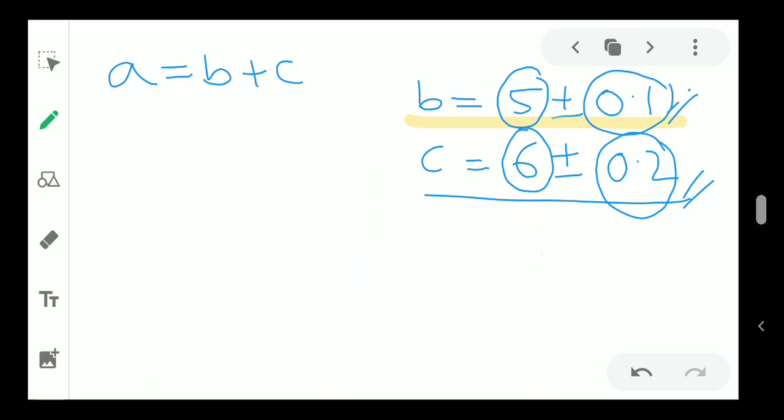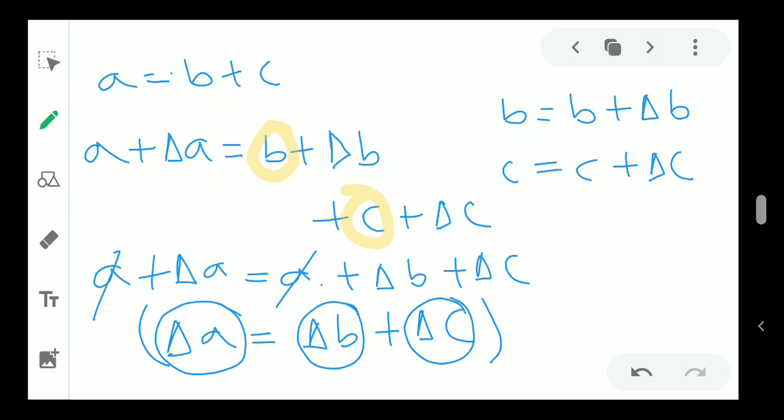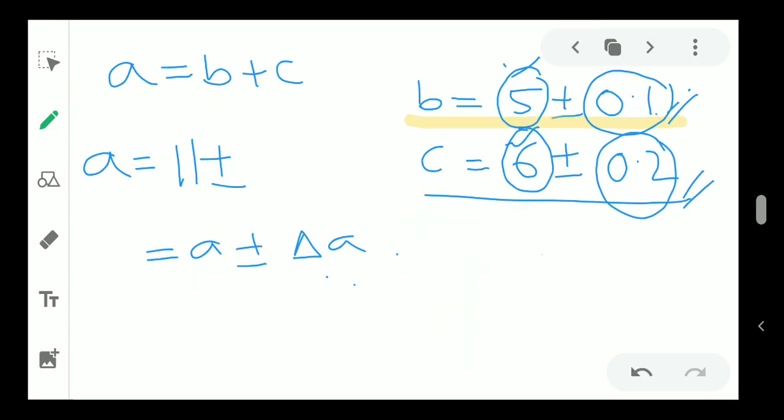So in that case we can directly write my value of A will be B plus C. So my actual value, that means A mean, will be 11, and then plus minus delta A. So in case of delta A, I have seen delta B plus delta C. So what is my delta B?